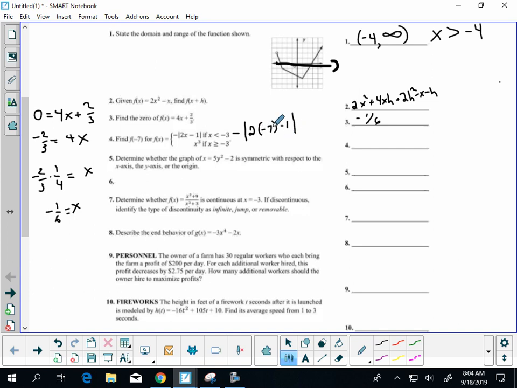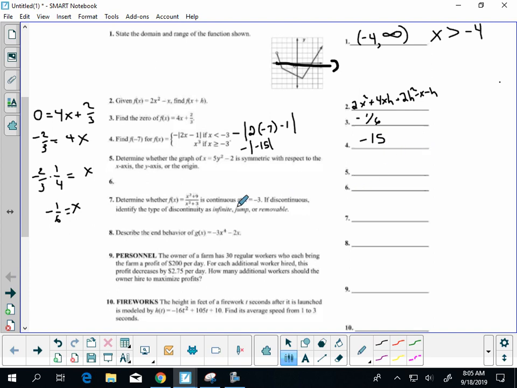So that gives me -14, -15 on the inside. Which when I take the absolute value, I get 15, but then put the negative sign, I'm going to get -15.